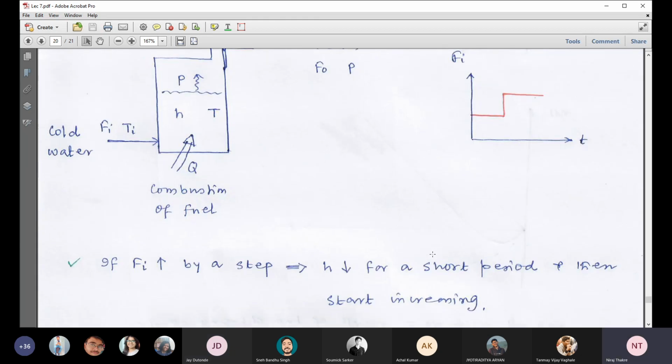This is the overall consequence, you see. If we increase Fi by a step, then at the beginning, height decreases, definitely for a short period of time, and then it starts increasing consistently.